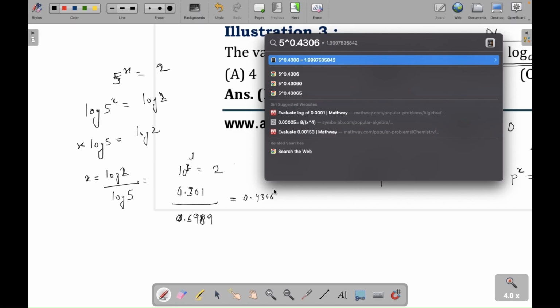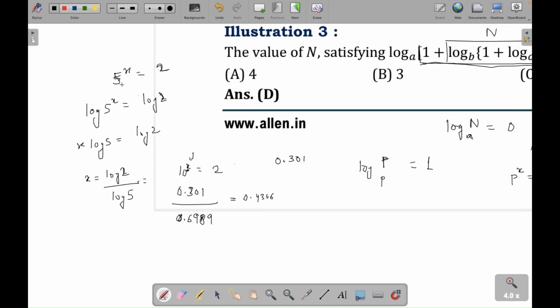So log helps us to solve such questions which we would not be able to solve otherwise. What is required? First of all, we need the understanding of log, and then we need the log tables, which have the values specified for log 2 and log 5. Can you just do a quick search for the value of log 2 and see if you are getting the same result?